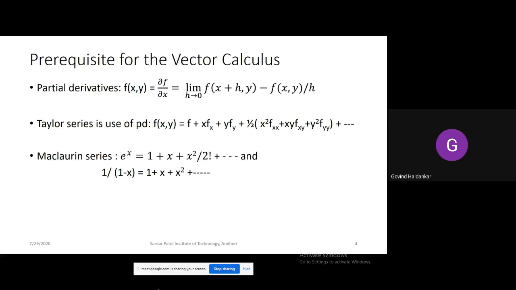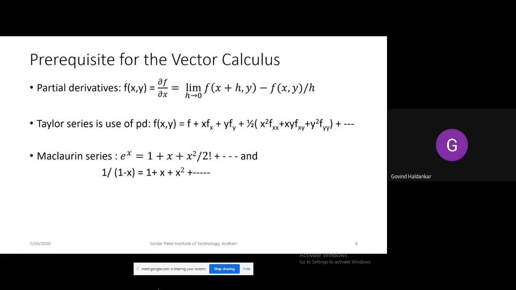So it may happen that the electric field is changing with respect to only x, or with respect to only y, that is the y direction. So x and y are the spatial derivatives, and it may also change with respect to time. So that time, the electric field or magnetic field is changing with respect to time, so that is dE by dt. Such a partial derivative may be required in an electromagnetic field.